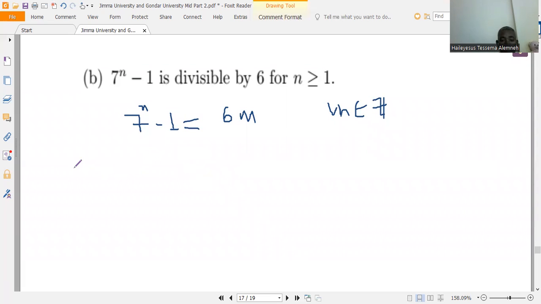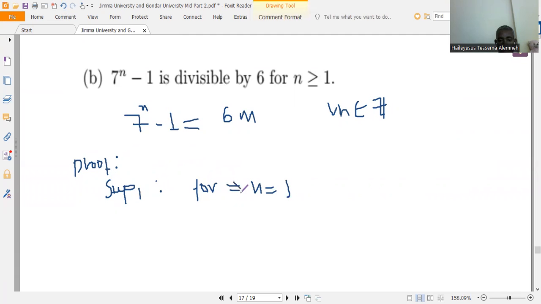so proof የምናደርገው የመጀመሪያው step to show this one as a proof. የመጀመሪያው step 1 ላይ ምን እናደርጋለን? Show that it is true for n is equal to 1.